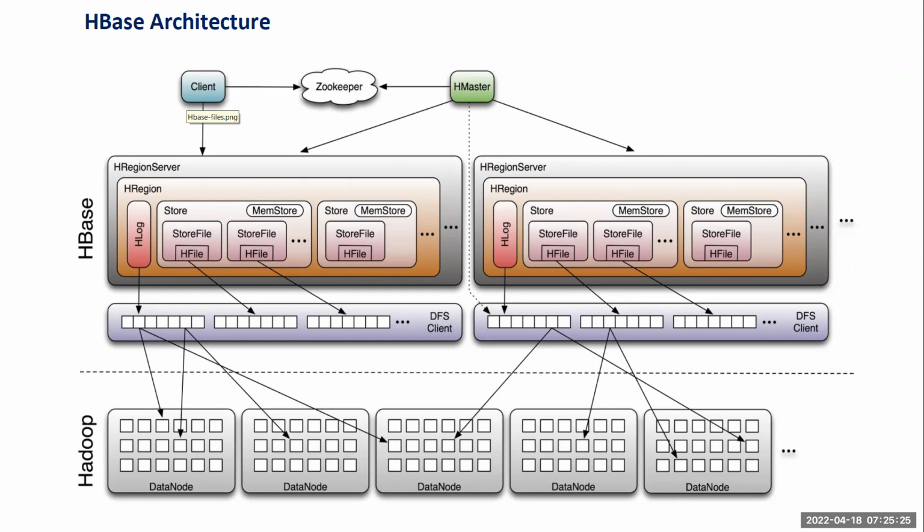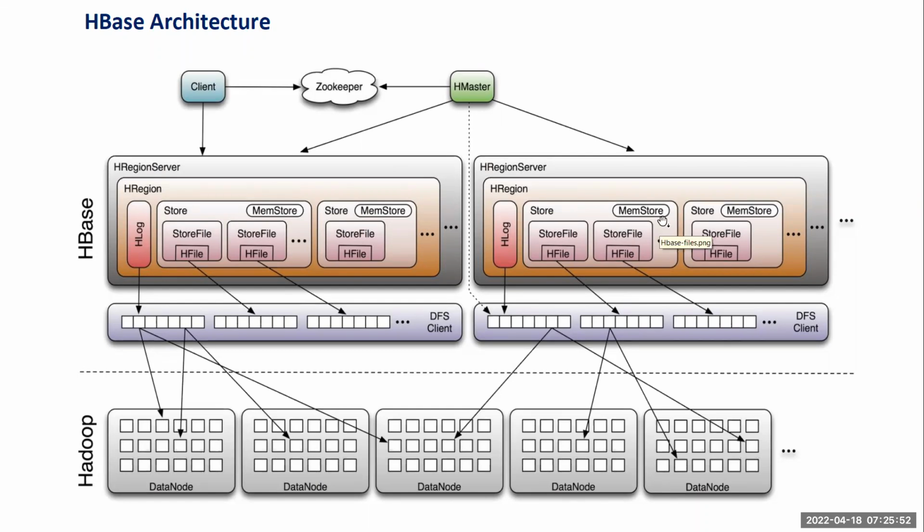So based on HMaster's help, the client will understand that whatever data I am inserting should go to this region, which is running on this region server. So automatically the client will hand over the data to this region server and ask it to store it in this region. So each region server is the one who will store the data into its region.